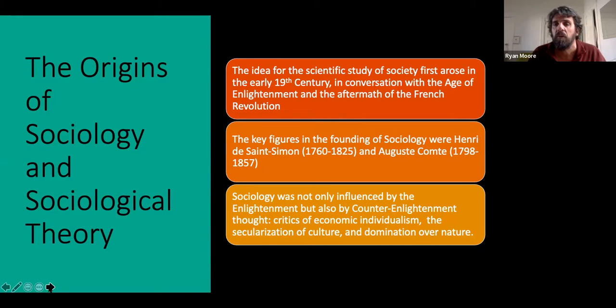The counter-Enlightenment people were critics of economic individualism, of the capitalist idea that individuals should just pursue their own self-interest, and to hell with social responsibility or the community or anything like that. So that would include a lot of people who were socialists, or early socialists, who were critics of economic individualism.